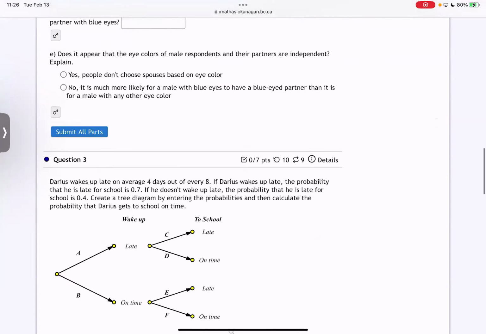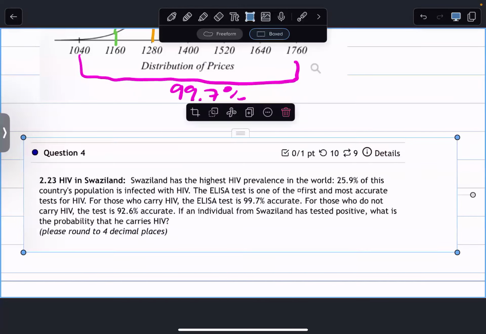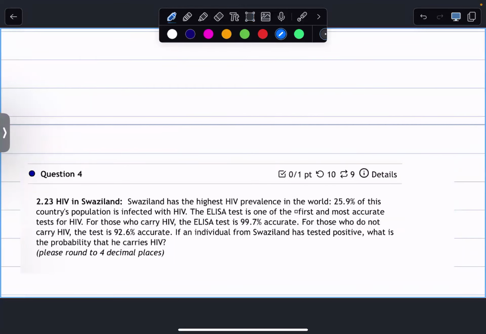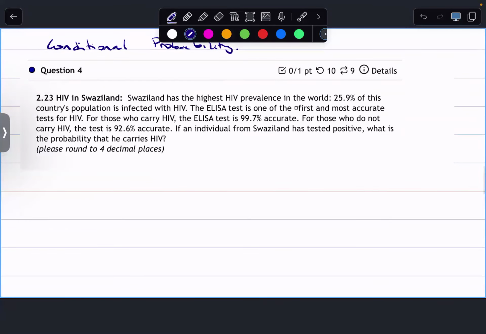Let's do this. Put it on a fresh page here. Conditional probability.